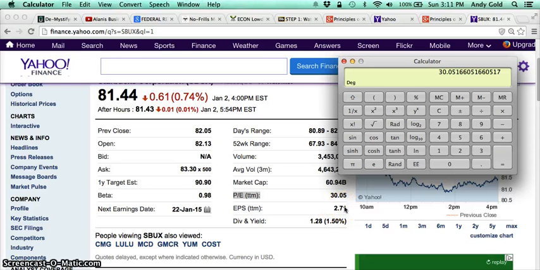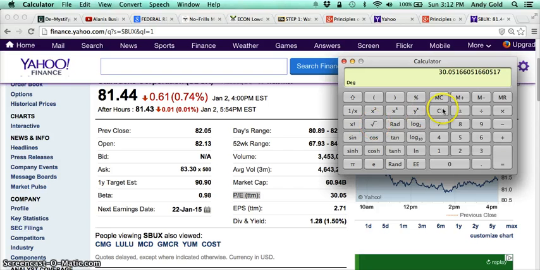Another thing that's talked about in the textbook is dividends. You can see here the dividend dollar amount and what's referred to as the dividend yield of 1.5%. Dividends are a share of the profits that some companies pay, not all companies. This one happens to pay a dividend, Starbucks, of $1.28 per year.